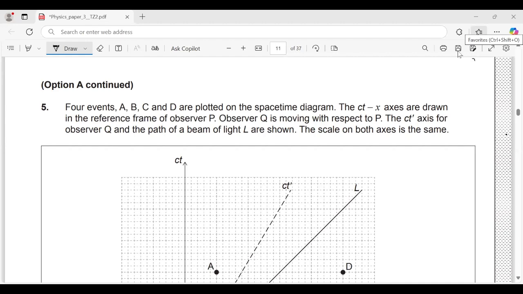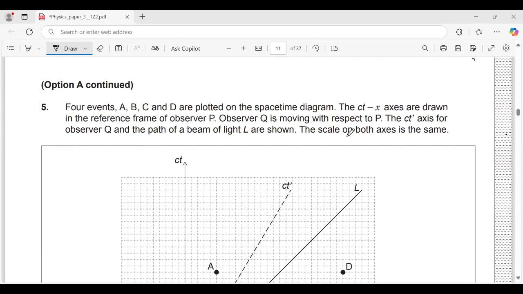Number 5, four events A, B, C, and D are plotted on the space-time diagram. The ct and x axes are drawn in the reference frame of observer P. Observer Q is moving with respect to P. The ct' and x' axes for observer Q and the path of a beam of light L are shown.